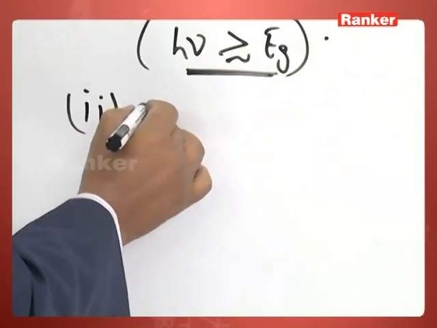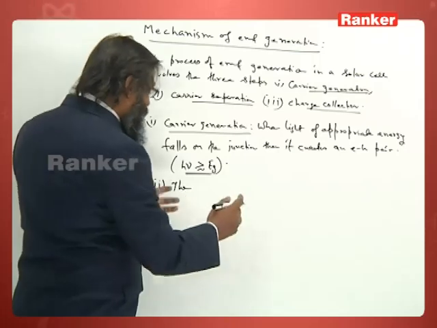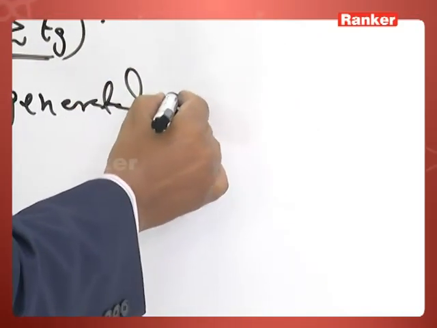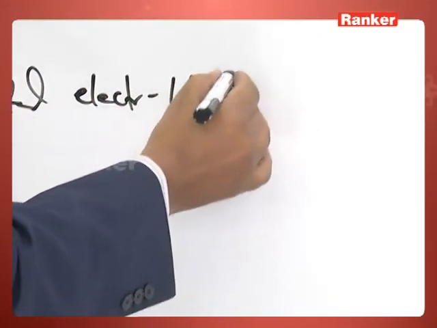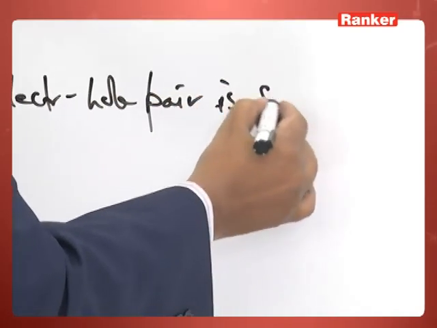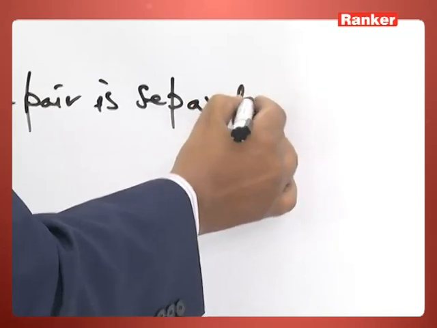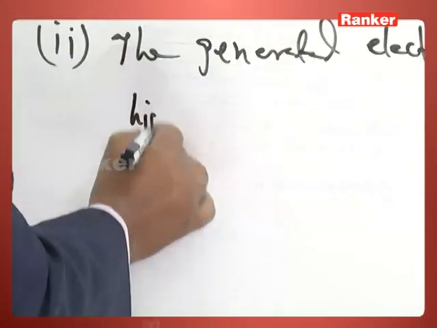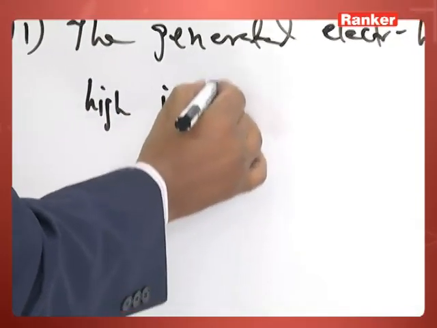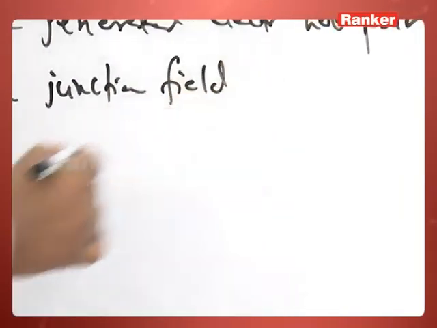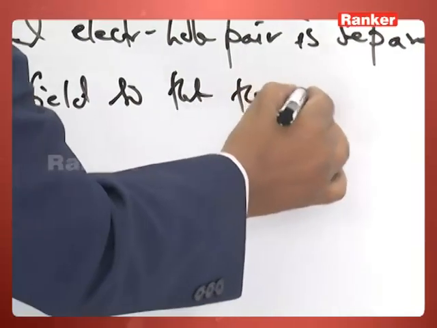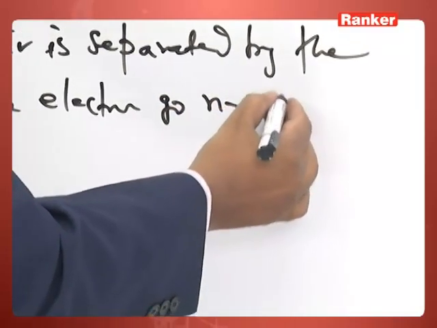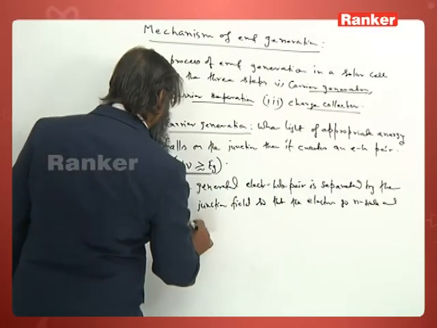Next, the generated electron hole pair is separated by the high junction field, so that the electrons go to the N side and holes to the P side.